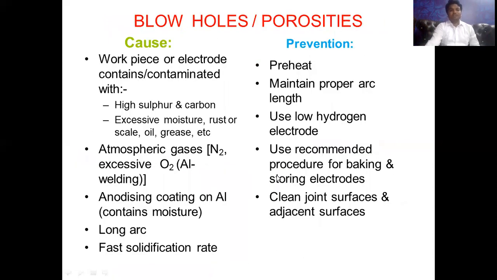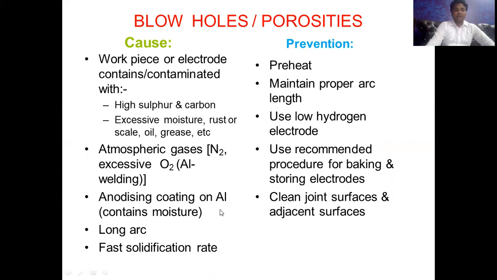Blowholes and porosities. The causes are that the workpiece or electrode is contaminated with high sulfur and carbon, excessive moisture, rust, scale, oil, grease, etc. Atmospheric gases such as nitrogen, excessive oxygen in case of aluminum welding.